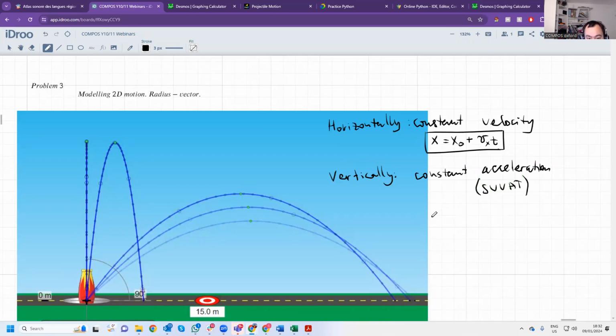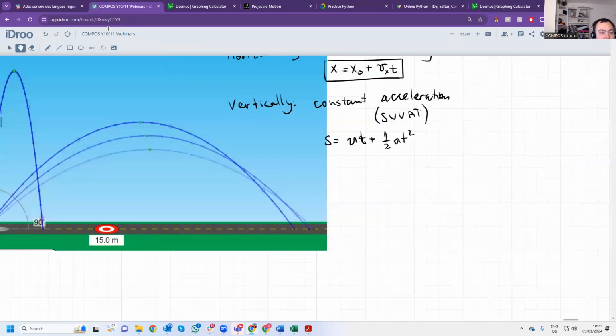And I'm just going to take the suvat equation. s is equal to ut plus 1/2 at squared. Now we know that s is the change in position, so that's y minus y0, the change in vertical position. u is the y velocity, multiplied by t, time, plus 1/2 gt squared.